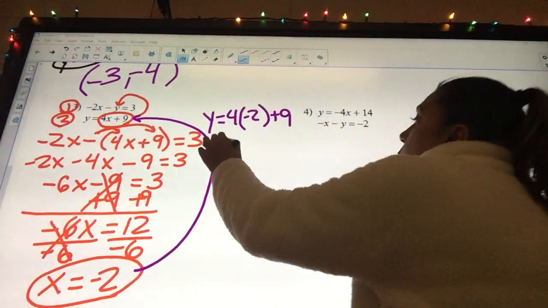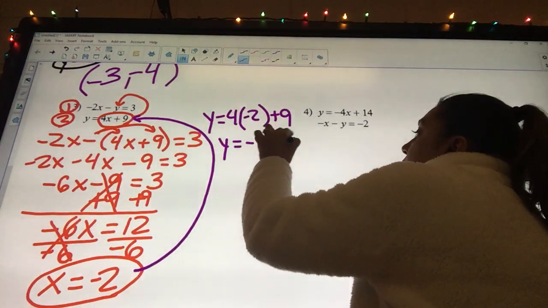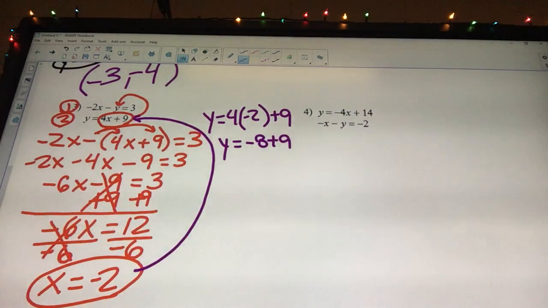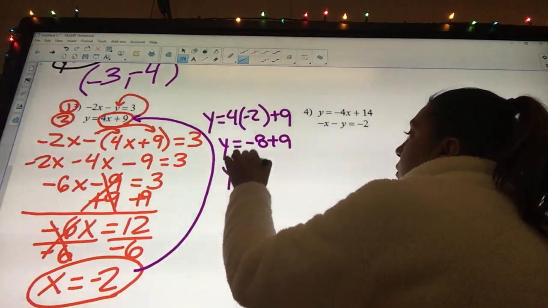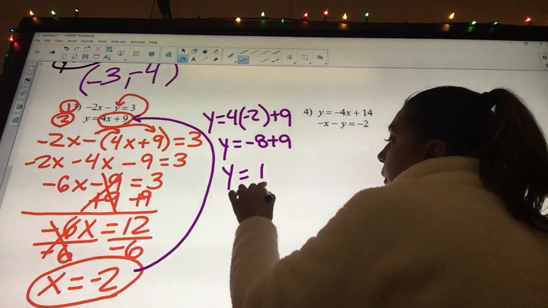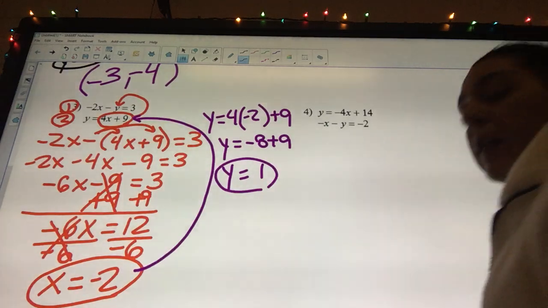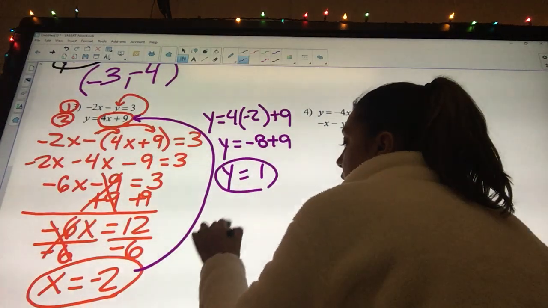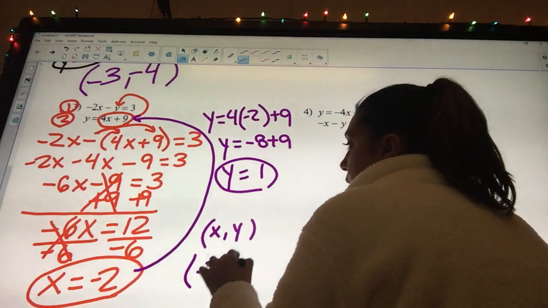So that's going to be y equals -8 plus 9, which is going to be y equals 1. Okay, so we've solved for x and y. And then our very last step is to write these in coordinates, and it should be x comma y. So your answer is really -2, 1.